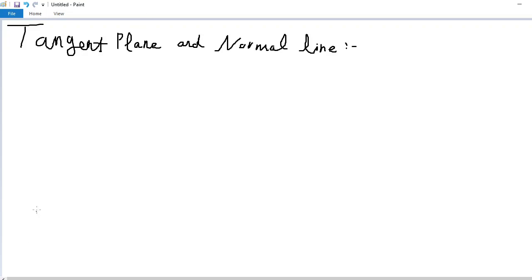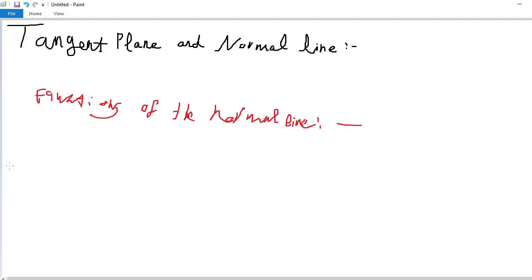So the equations of the normal line: the first equation is x equals x1 plus the partial derivative fx times t.